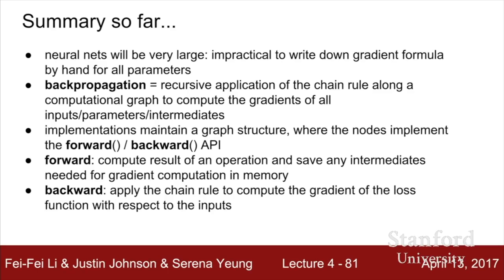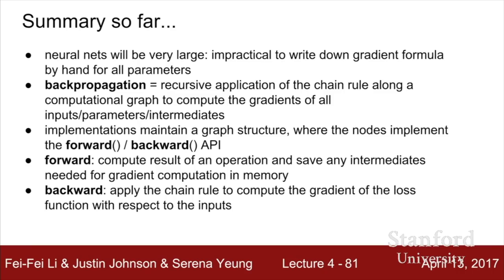This is one of the core techniques of neural networks. It's a recursive application of the chain rule, where we have this computational graph, and we start at the back and go backwards through it to compute the gradients with respect to all of the intermediate variables, which are your inputs, your parameters, and everything else in the middle.